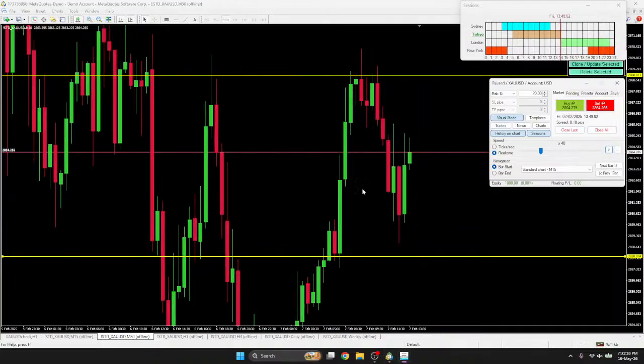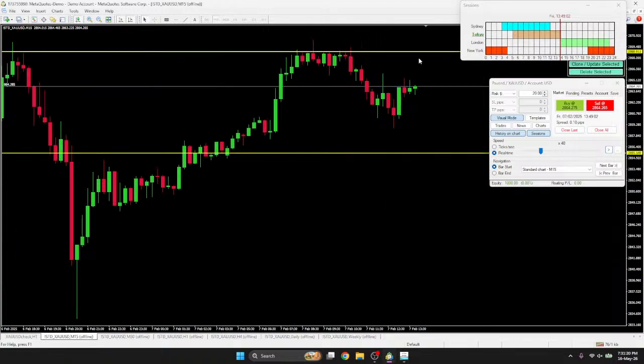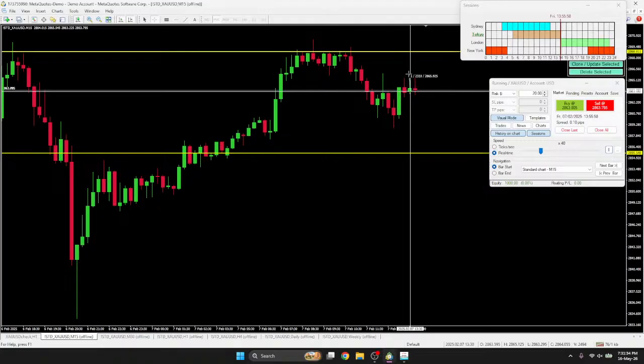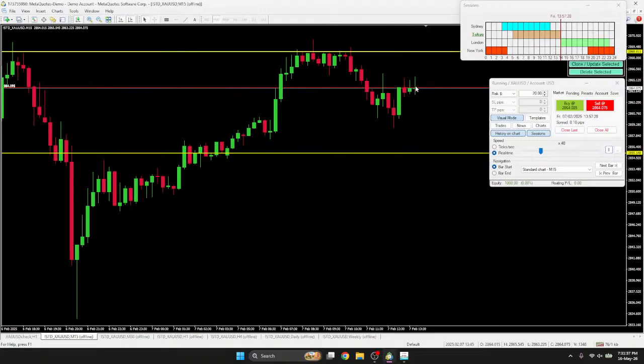Okay, 15 minute just closed. If we look at the 15 minute, the previous 15 minute candle closed bullish, but not a strong bullish candle. So I'm not comfortable taking a buy at this area. If this candle closes as strong bullish, then maybe I would buy here.